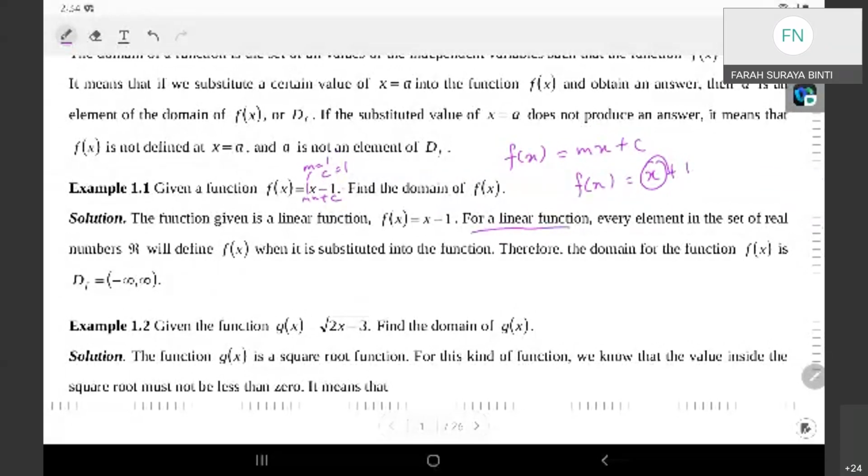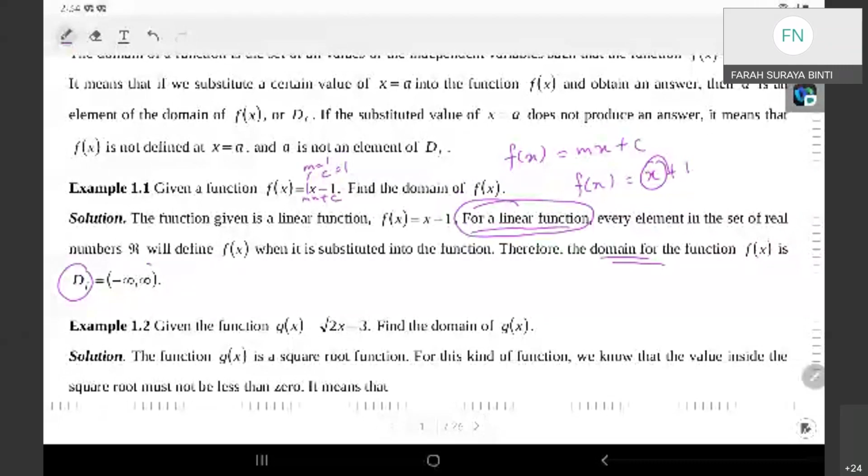Akan dapat jawapan. So maksudnya for any linear function, the domain is real number. Okay, dia tulis kat sini. Domain dia adalah from negative infinity until infinity. Maksudnya daripada negative infinity to infinity is real number.